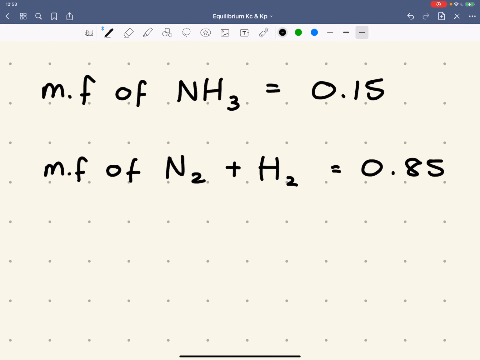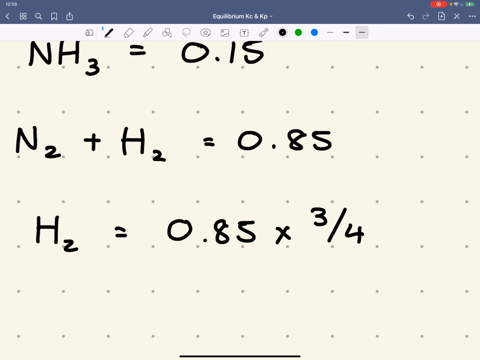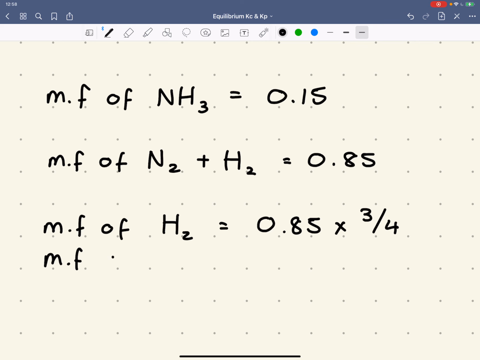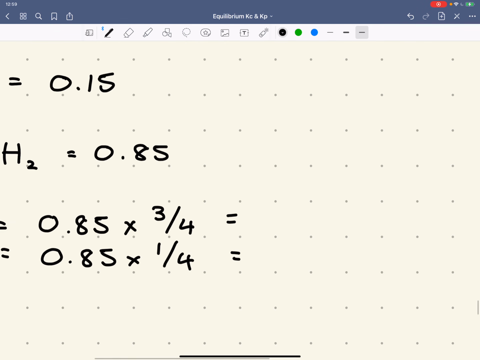So when you do that, the mole fraction of hydrogen is going to be equal to 0.85 times 3/4, and the mole fraction of nitrogen is going to be 0.85 times 1/4. And when you do 0.85 in your calculator times 3/4, lo and behold, you get 0.6375, and this is 0.2125.